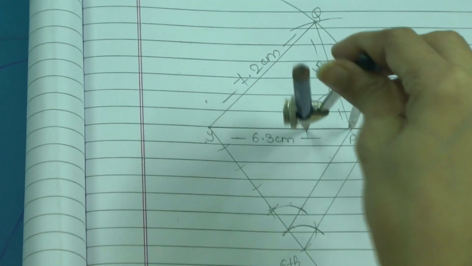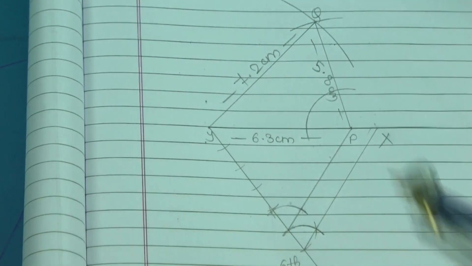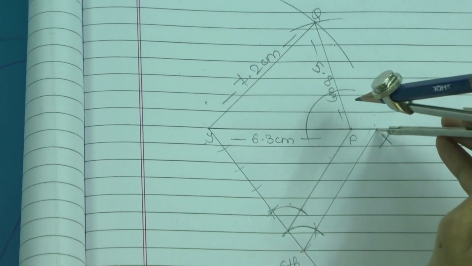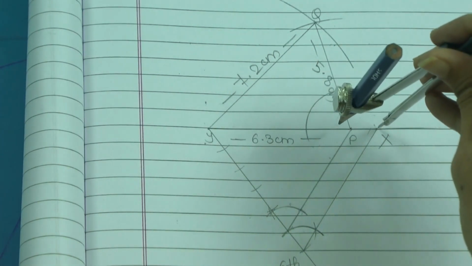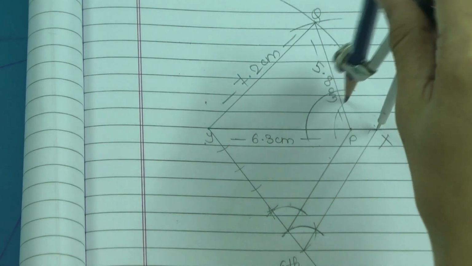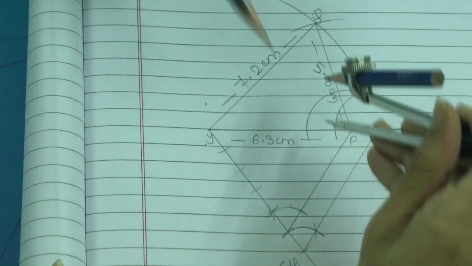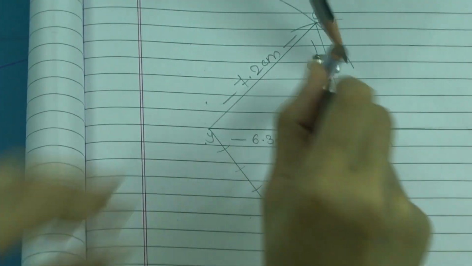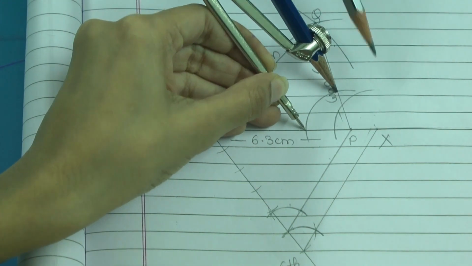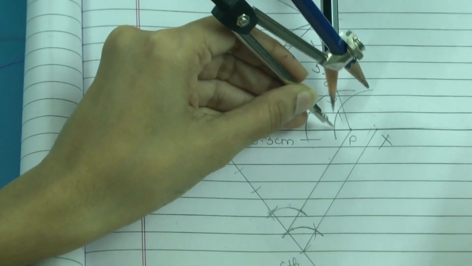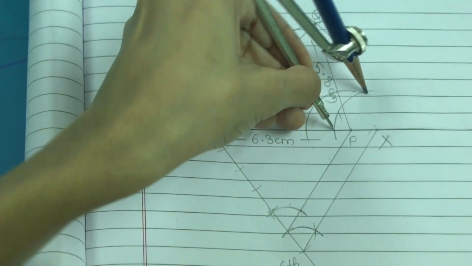Okay. Keep at X. Give an arc, no problem. Give an arc. Okay. Measure this gap. Adjust the compass as per this gap. Okay. Keep your compass over here where the arc is intersecting. Give an arc.